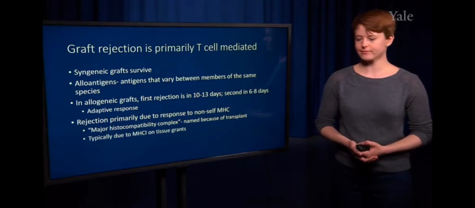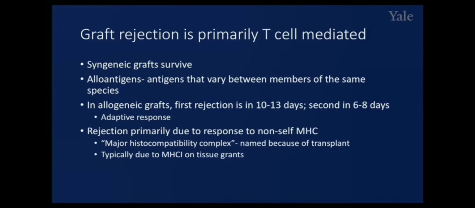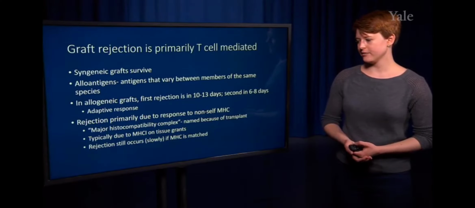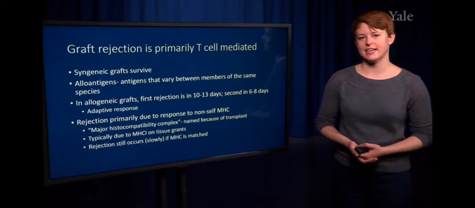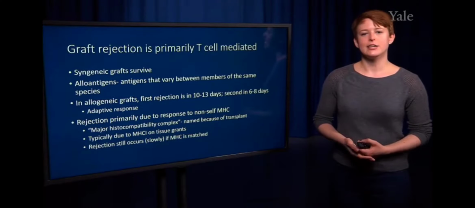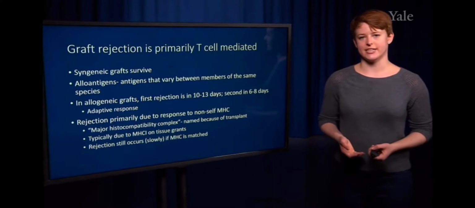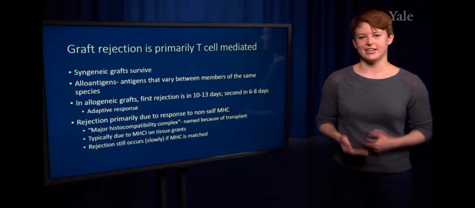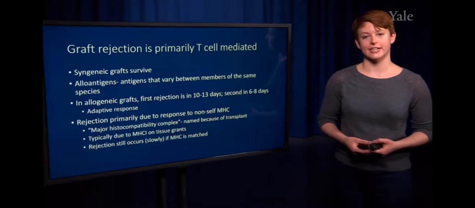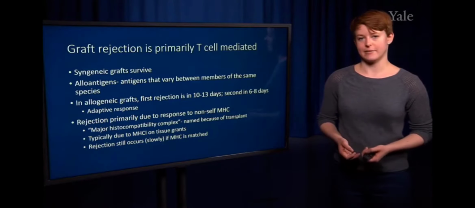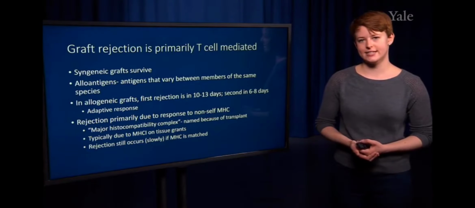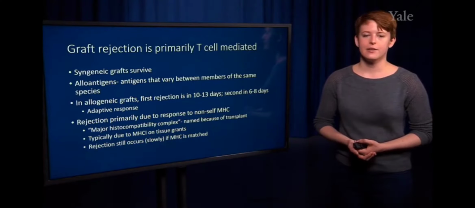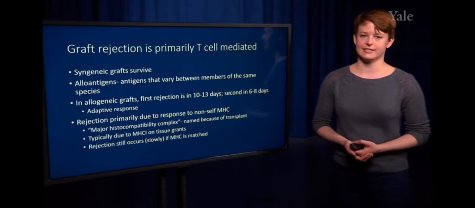And in particular on tissue grafts, this is due to MHC class 1. And rejection still occurs slowly if this MHC is matched. So if you have the same MHC between the donor and the recipient, you won't have this acute dramatic graft rejection. However, as we'll talk about, the graft is still very slowly rejected due to other differences between these individuals.